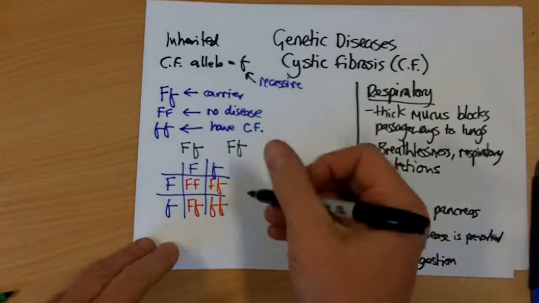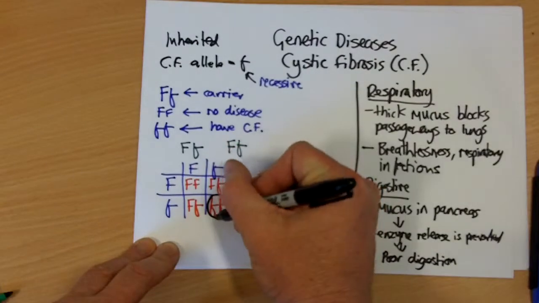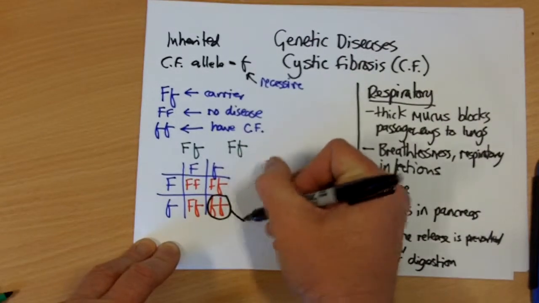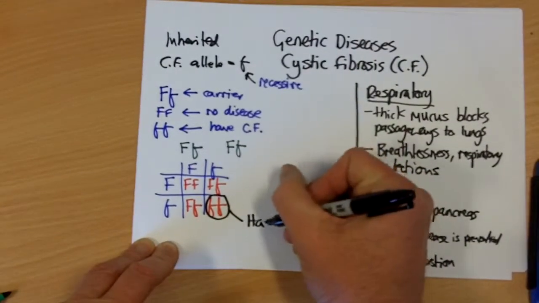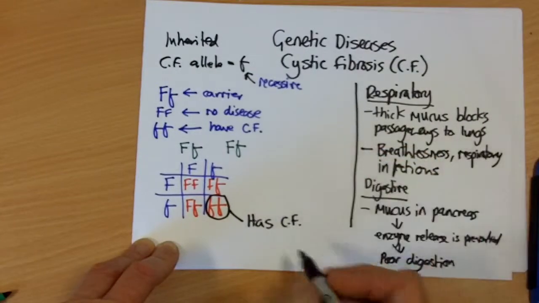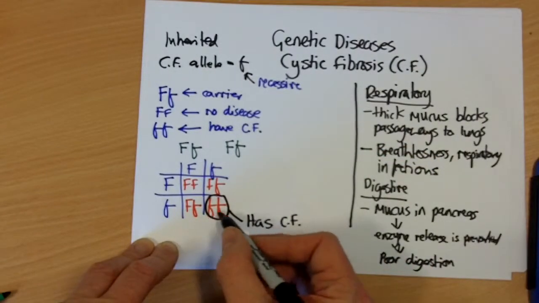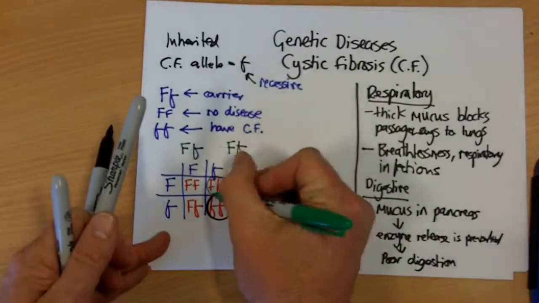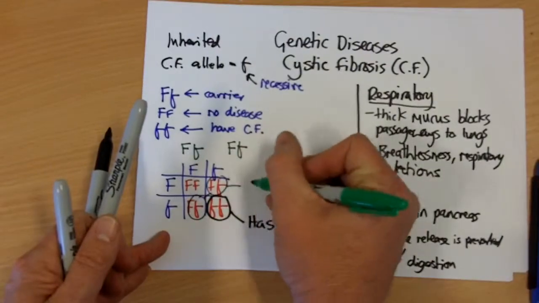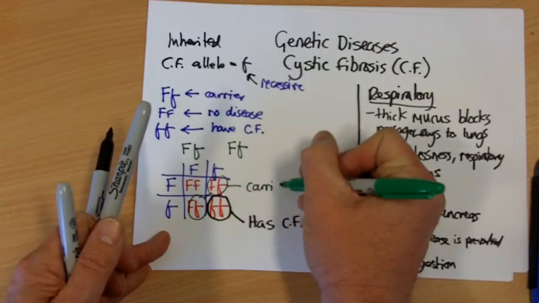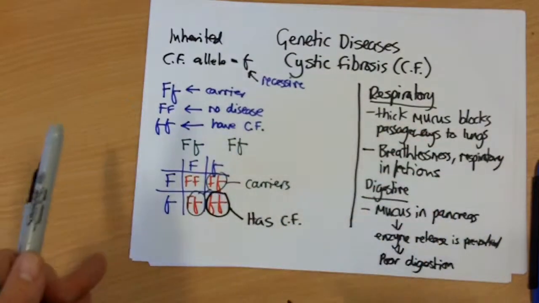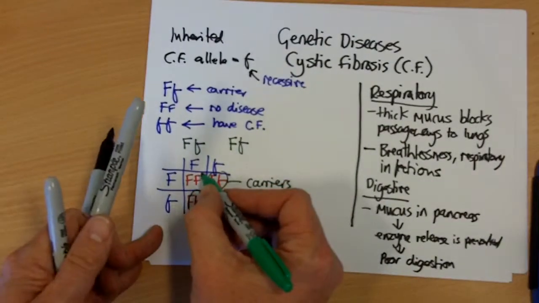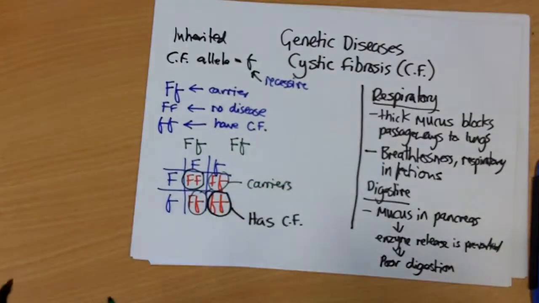So as we can see here, only this person will have cystic fibrosis because they've both got the recessive alleles for cystic fibrosis. If it's this person and this person, they will both be carriers, and this one here will not have the disorder.